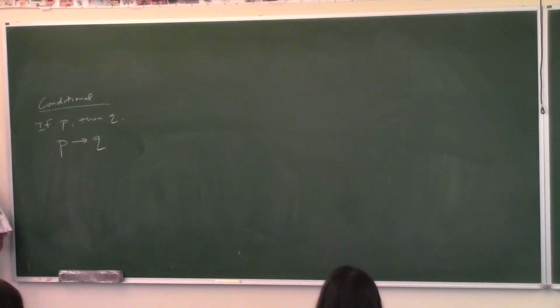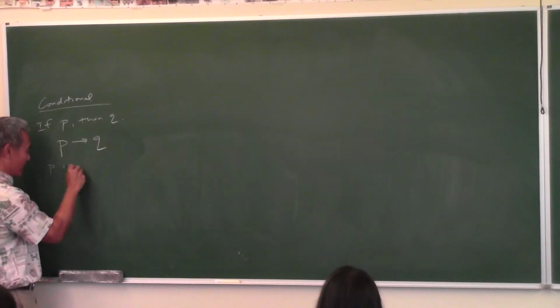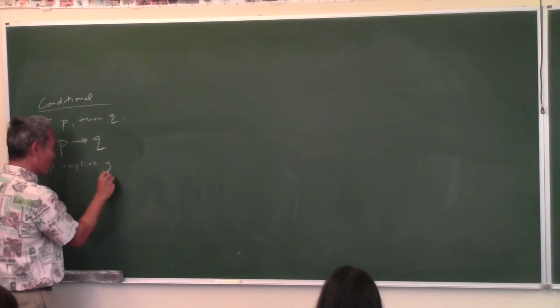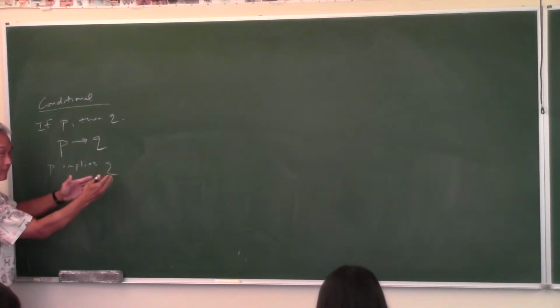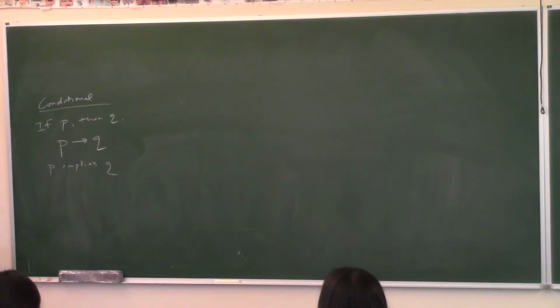Now, unfortunately for you, there's other ways of saying it. This is the most common way, but there's other ways like P, this is all in your notes by the way, implies Q. Does that make sense? If P, then Q. P implies Q. What's another way?